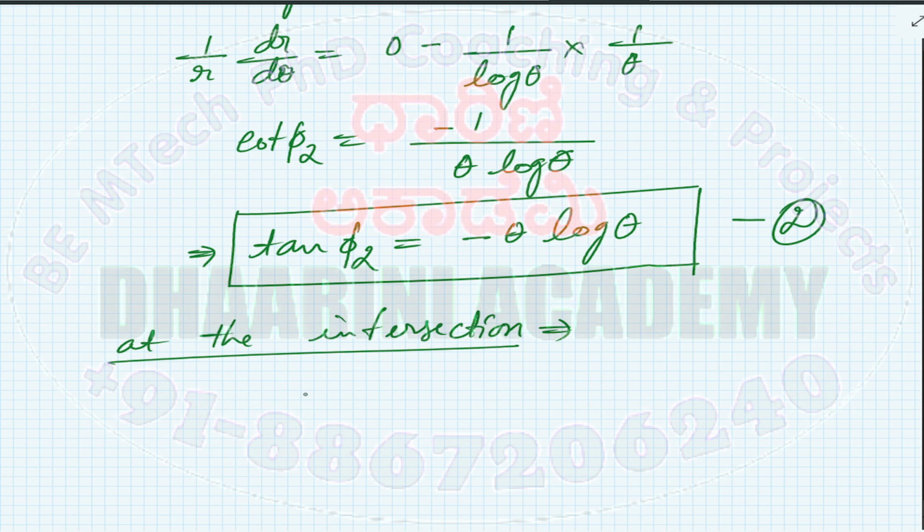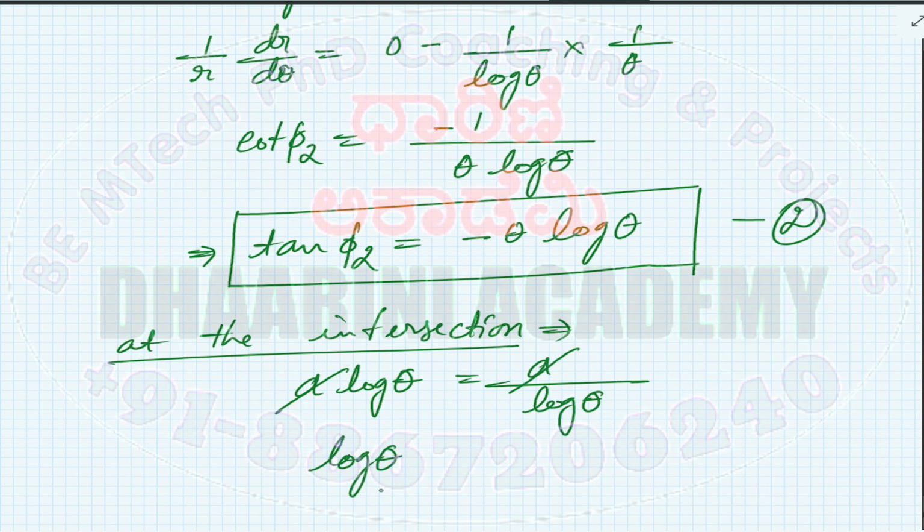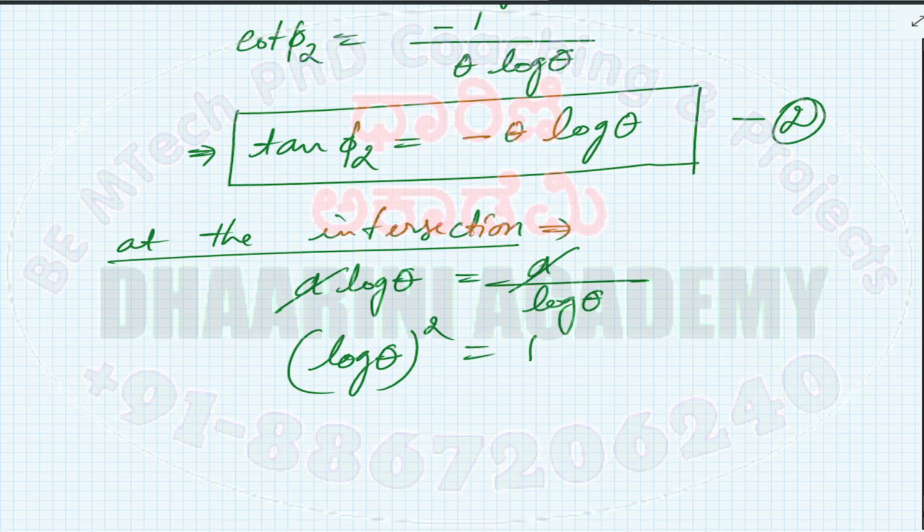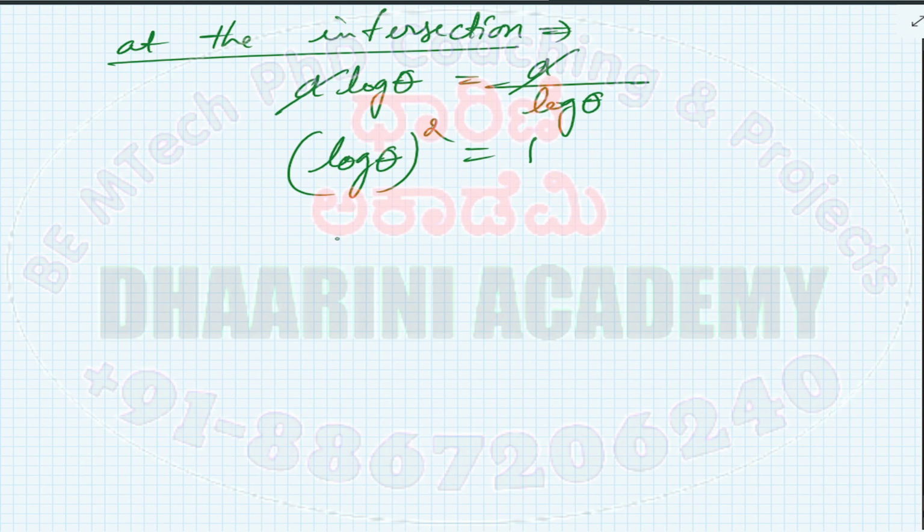So the first curve is a log theta, and the second curve is a divided by log theta, right? So a cancels. I take log theta to the same side, that means log theta the whole square is equal to 1, because on the right side a was there, it's cancelled, now there is 1. So log theta square is equal to 1. This implies taking the square root, log theta is equal to root of 1, which is 1.